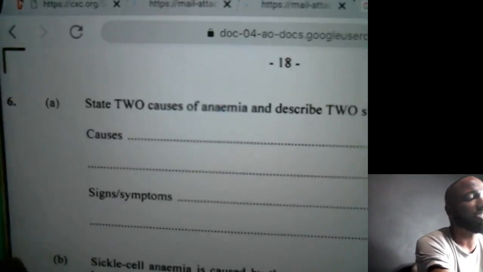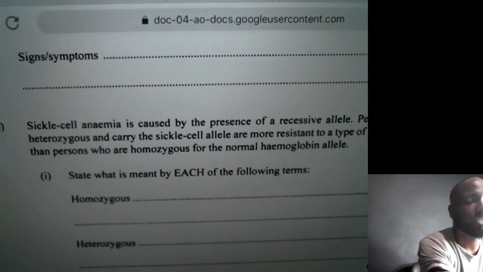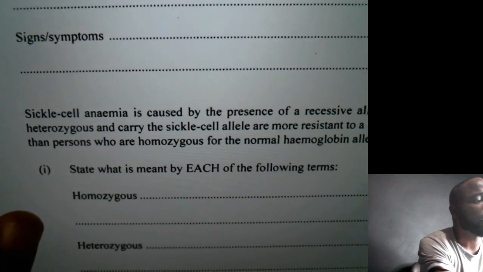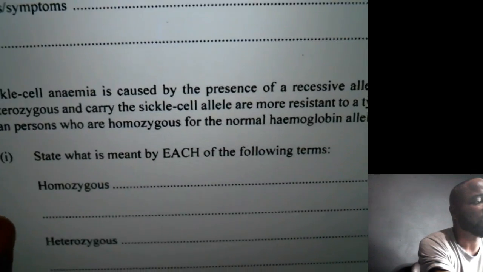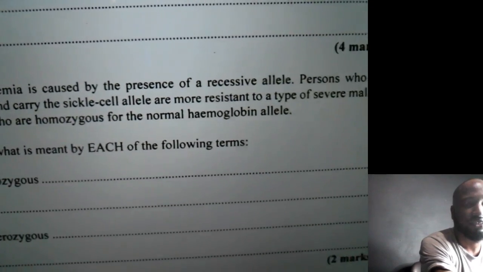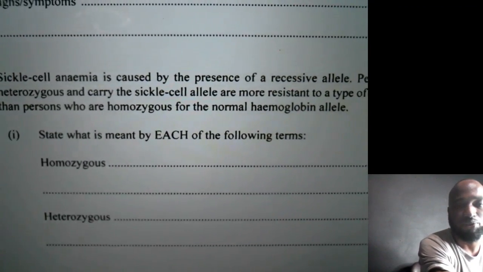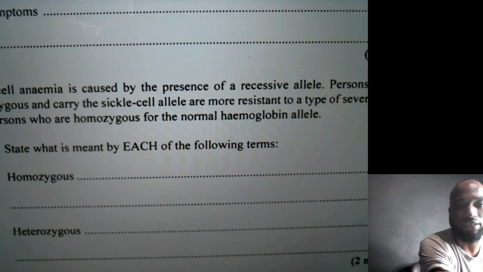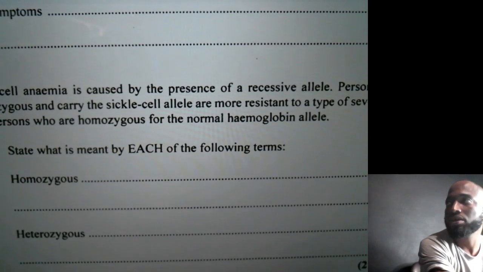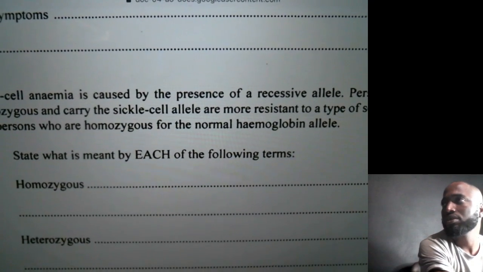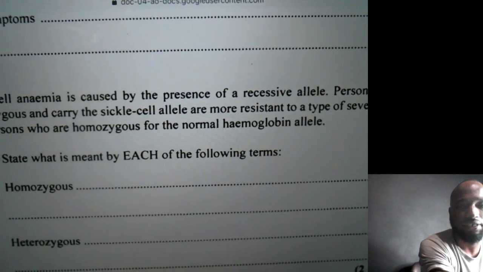And now we could go into the genetic part here. Sickle cell anemia is caused by the presence of a recessive allele. Persons who are heterozygous and carry the sickle cell allele are more resistant to a type of severe malaria than persons who are homozygous for the normal hemoglobin allele.